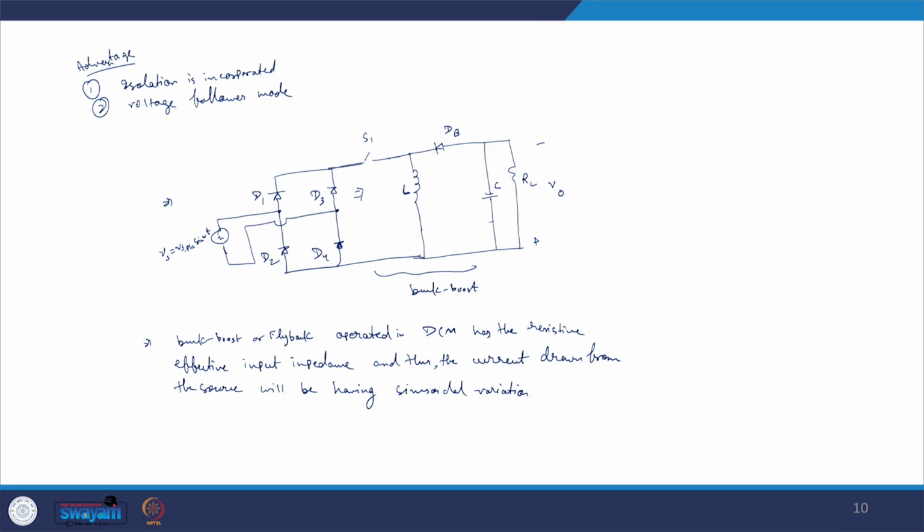In DCM mode, from the implementation perspective it is much simpler, and we can ensure the voltage following characteristic. Similarly, we can also have the buck boost based PFC or flyback based PFC converter, and by ensuring DCM operation of the buck boost or flyback converter, we can ensure unity power factor current drawn from the source, along with maintaining a constant voltage at the output.